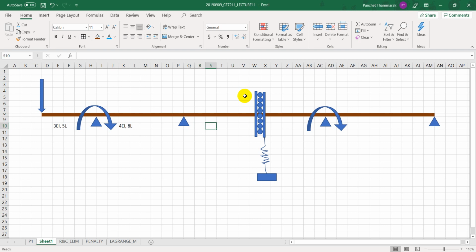This is 1, 2, 3, 4, 5, 6, 7. Okay. 4EI and 7L. Then 1, 2, 3, 4, 5, 6. 2EI and 6L. 1, 2, 3, 4, 5, 6, 7, 8, 9, 10. 5EI and 10L.